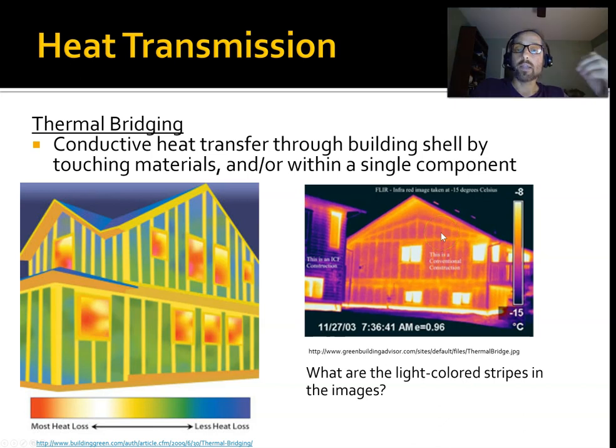And I want you to think about how that relates to conductivity. The framing is more conductive of heat than the insulation is. So it's conducting the heat of the warm inside of the building. Presumably it's pretty warm inside the building, and that heat is conducting more through the framing than through the insulation.